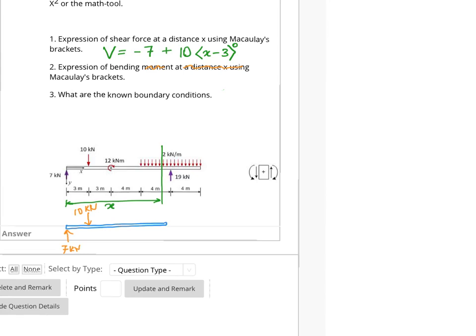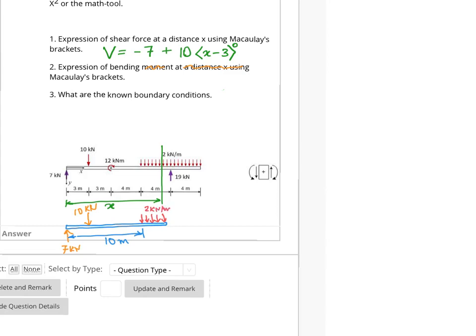But I also have a load of 2 kilonewton per meter that starts to appear from x equal to, so this distance is 3 plus 3 plus 4, 10 meter. So when x is beyond 10 meter, I start to have this load of 2 kilonewton per meter.